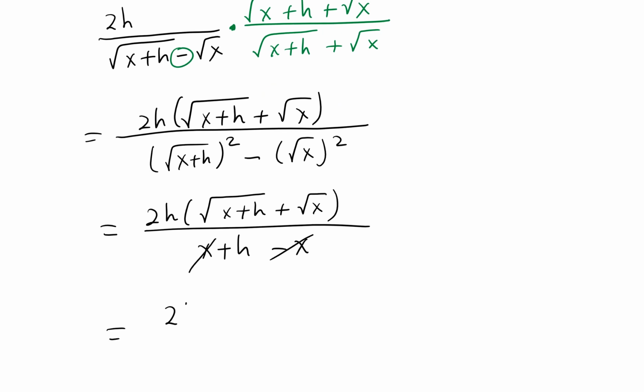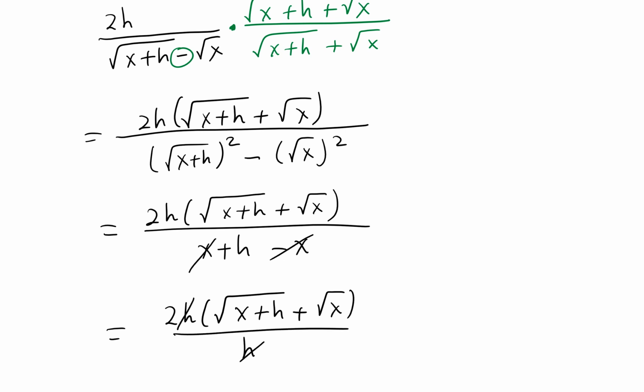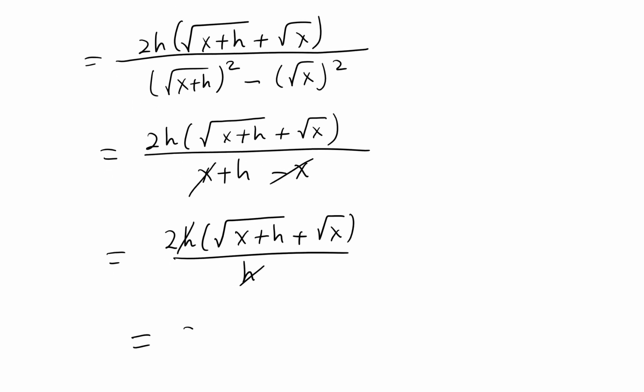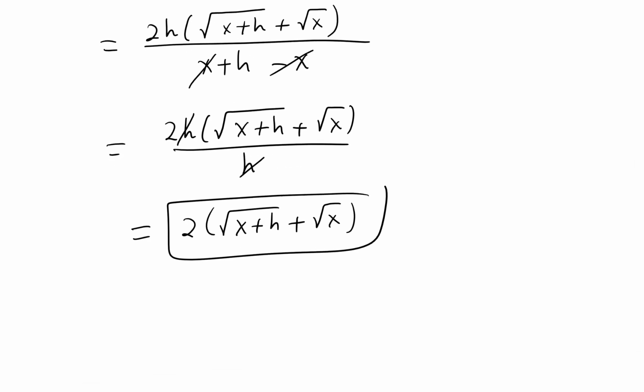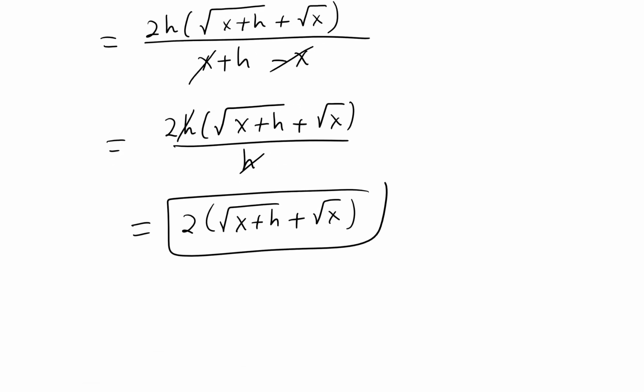And that would give us 2h times the square root of x plus h plus the square root of x, all over h. The h's cancel out. What does that give us? 2 times the square root of x plus h plus the square root of x. Or you can multiply the 2 in. So what we did, we rationalized the denominator.